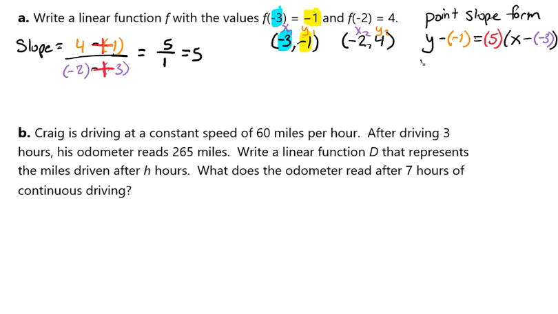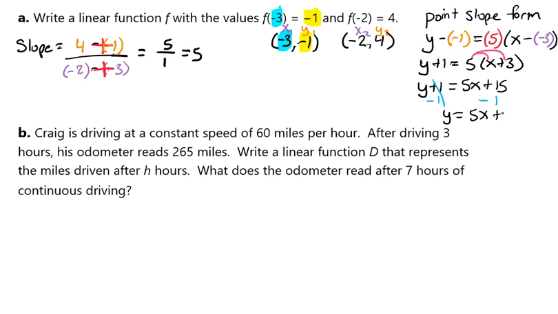So this is going to give us y plus 1 equals 5 times x plus 3. Our next step will be to distribute our 5, which is going to give us y plus 1 equals 5x plus 15. Then we're going to subtract 1 from each side so that we get the y by itself, and that's going to give us y equals 5x plus 14. And we're finished. So here we have our answer in slope-intercept form.